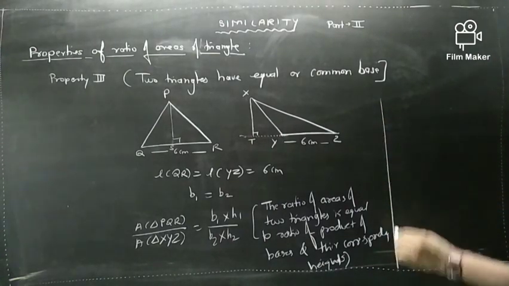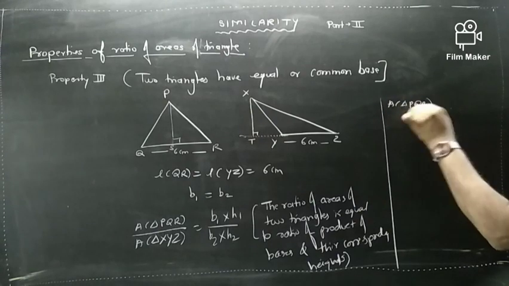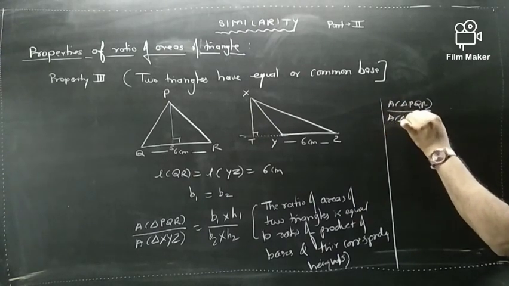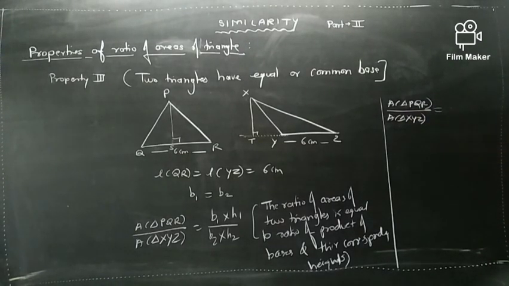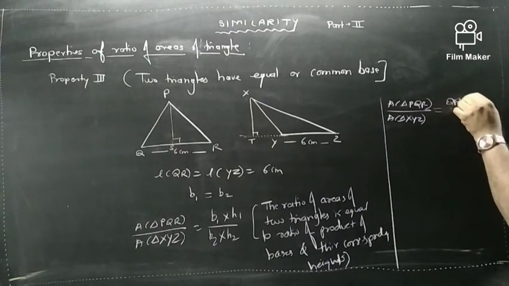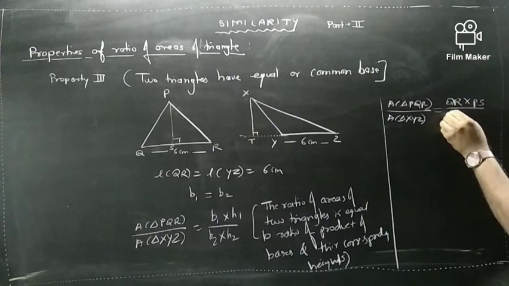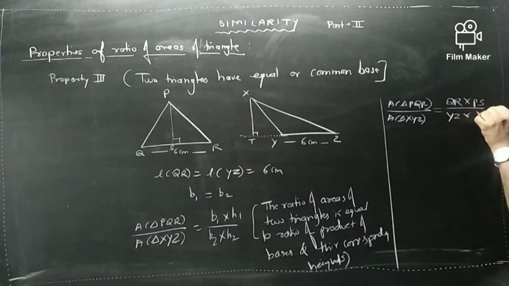Now area of triangle PQR upon area of triangle XYZ is equal to QR into PS upon YZ into XT.